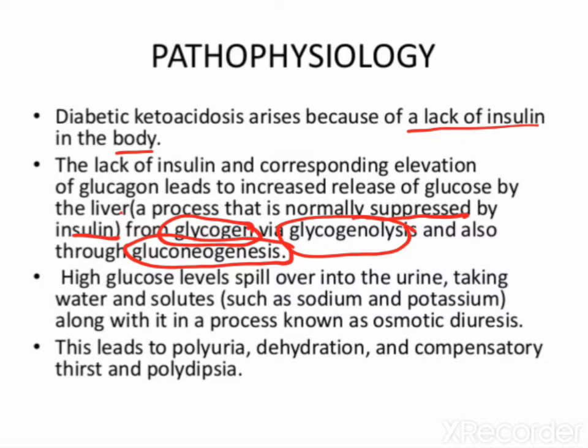This high glucose level spills over into the urine, taking water and solutes such as sodium and potassium along with it, leading to osmotic diuresis. So important electrolytes in our body such as sodium and potassium are also released out of the body through urine. This leads to polyuria, dehydration, compensatory thirst and polydipsia.